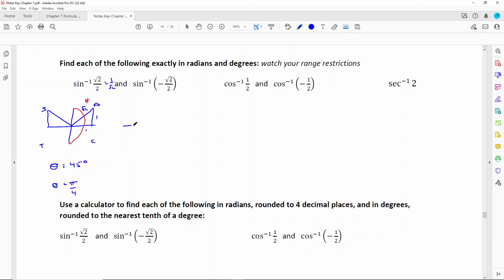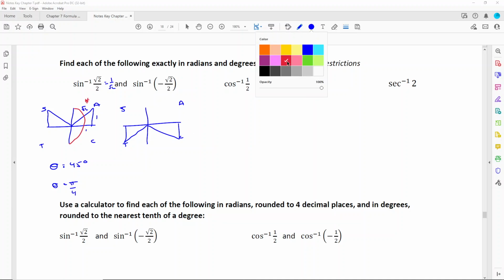Okay. If we did the same thing for the inverse sine of the negative ratio, this time in CAST I'm looking to see where I could get a negative answer. I could get a negative answer for sine in here, or in here, so quadrant 3 or quadrant 4. But I know which answer to give because I have to give it in the restricted range. So I'm going to give this angle here.